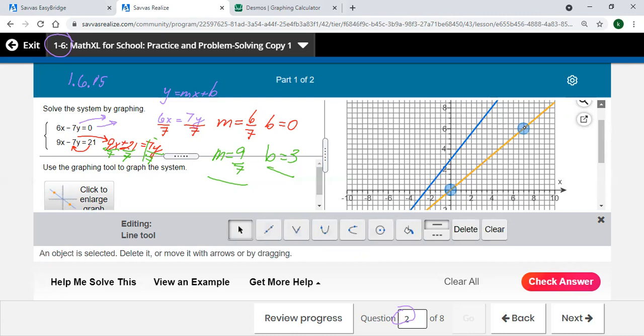Let's see, I'm gonna write it out different this time just to check this one. I feel like it could be a negative that I messed up on that one. So let's subtract the 9x over to the other side. So I'd have 21 minus 9x. And then I'd be dividing by that -7 on both.